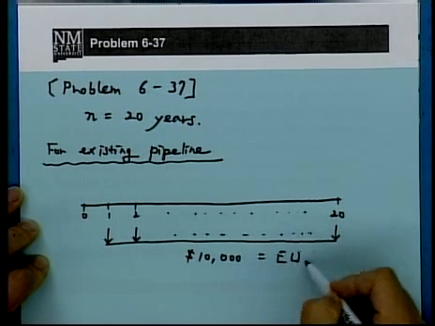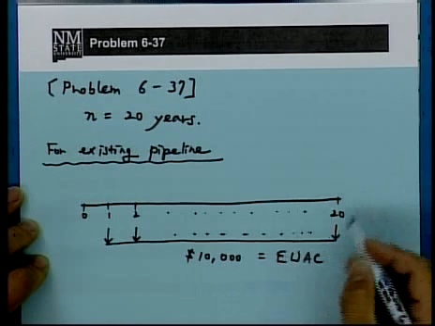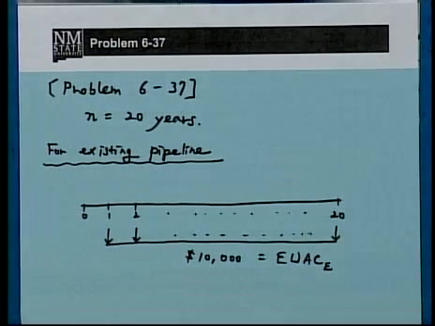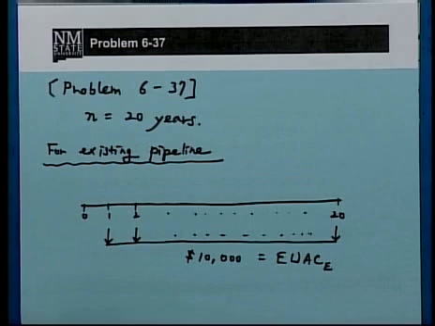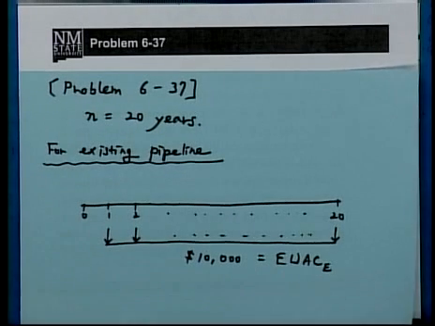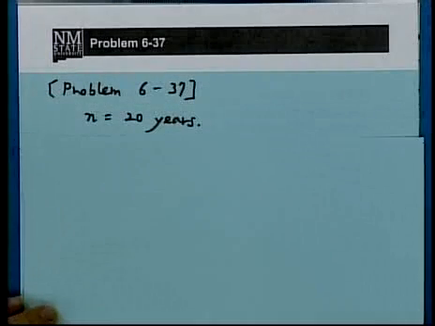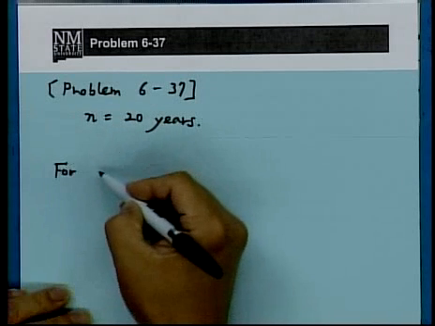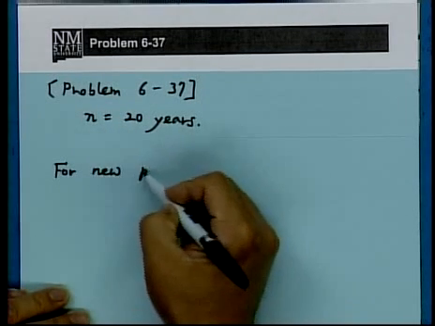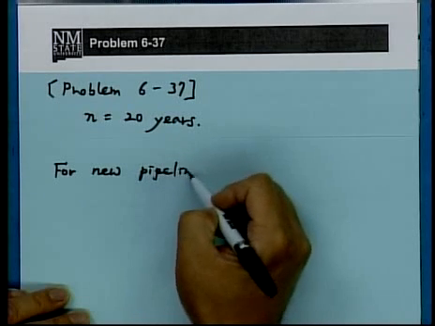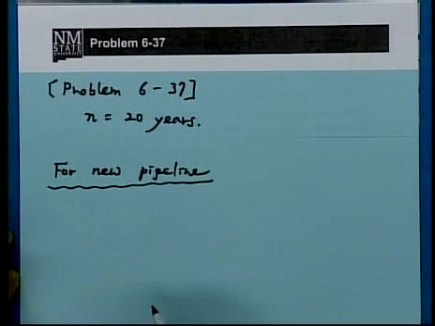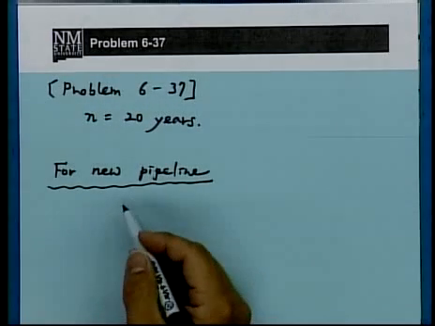This is the EUAC for the existing pipeline, so let's call it EUAC sub E. And for the new pipeline, an initial cost of $35,000 is required.